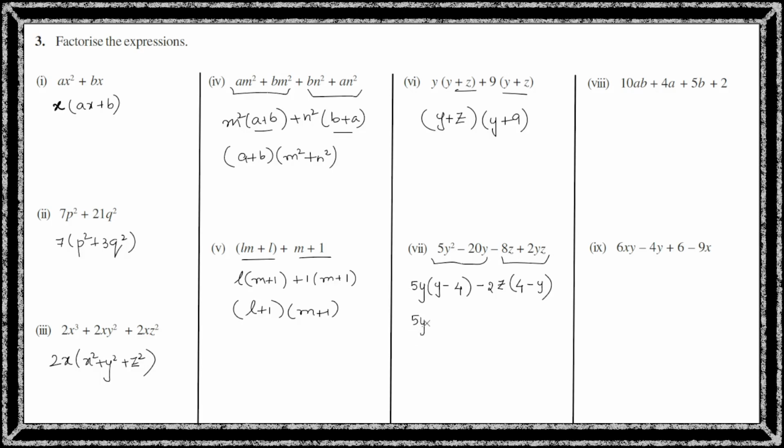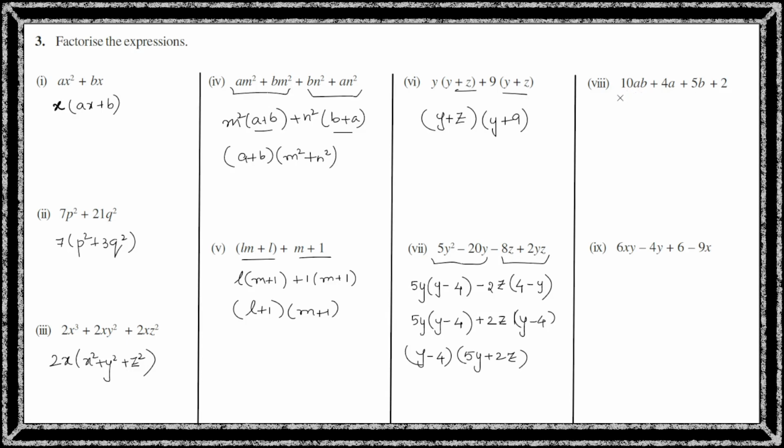So I'm going to take the minus sign inside the bracket. I'm going to write it as plus 2z into y minus 4. So here you can see that y minus 4 is common. So I have y minus 4 into 5y plus 2z. So that is the factorization.